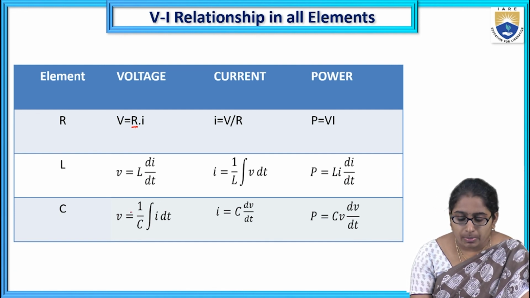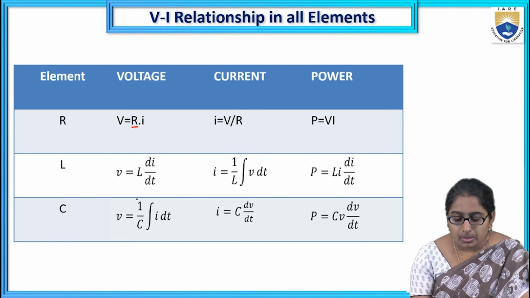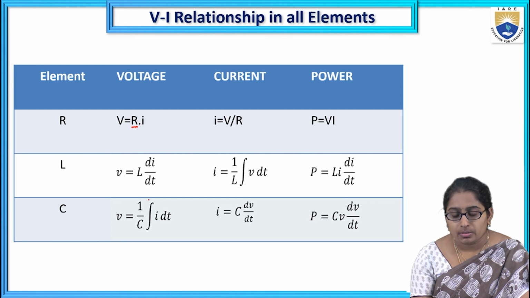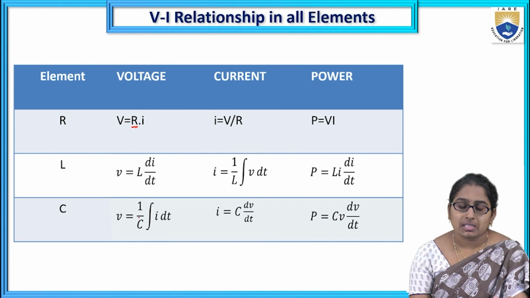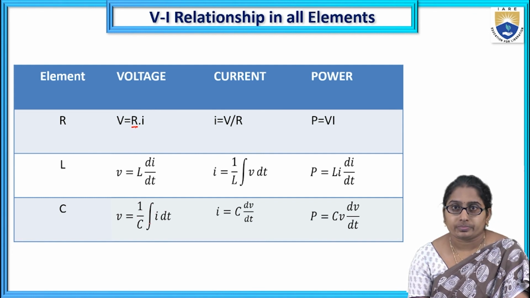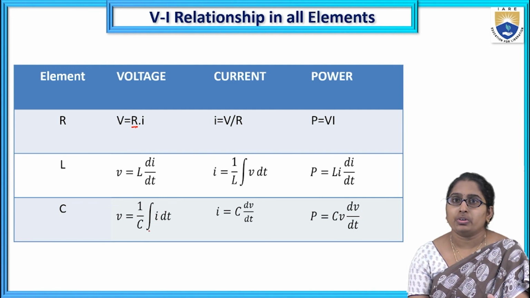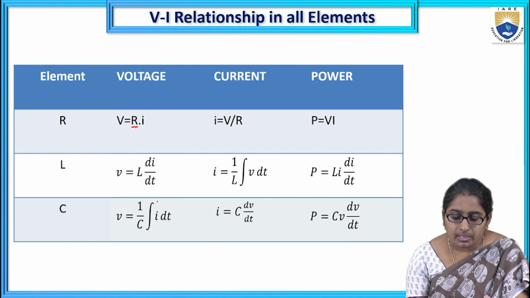Now in the case of a capacitor, the voltage-current relationship, again from the first one, Ohm's law: in place of R, it is 1 by C, and in place of I, it is the integral of I dt. A capacitor opposes sudden change in voltage, so when we write it in the case of current, it becomes an integral.